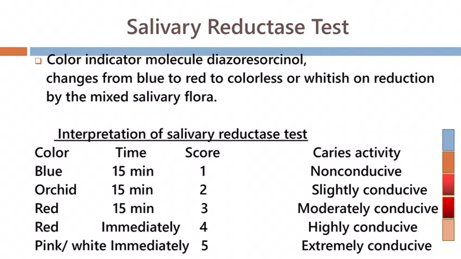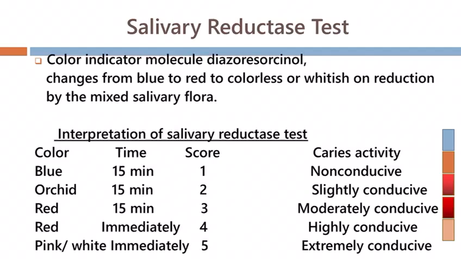Salivary reductase test. In the salivary reductase test, the color indicator used is diazoresorcinol, which changes from blue to red or colorless or whitish on reduction by the mixed salivary flora. Interpretation of the salivary reductase test is as follows. If the color changes to blue in 15 minutes, the score is 1 and the report is non-conducive.